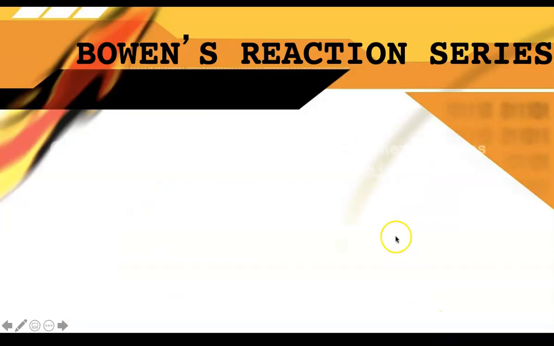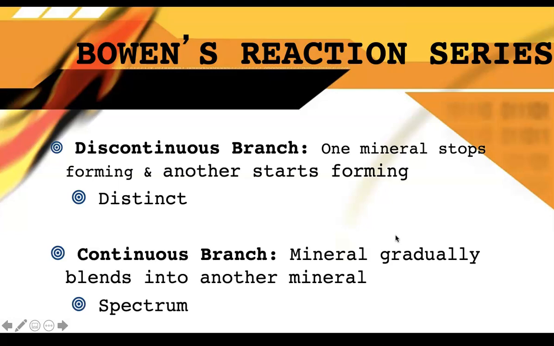All right, so Bowen's reaction series. We're going to look at the diagram in a moment. What I'm going to draw your attention to is that there are two portions to it, a discontinuous branch and a continuous branch.